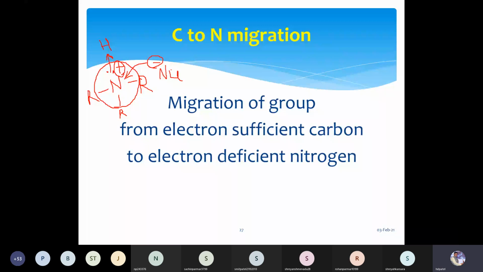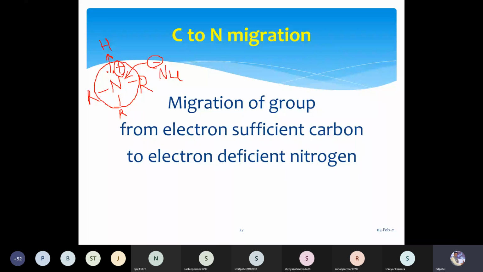So here, again repeating, nitrogen has a positive charge only because nitrogen has shared its electrons with the hydrogen. But we cannot consider it an electrophile, a reactive species where a nucleophile will attack, because it follows the octet rule, which means sufficient electrons are available around the nitrogen.